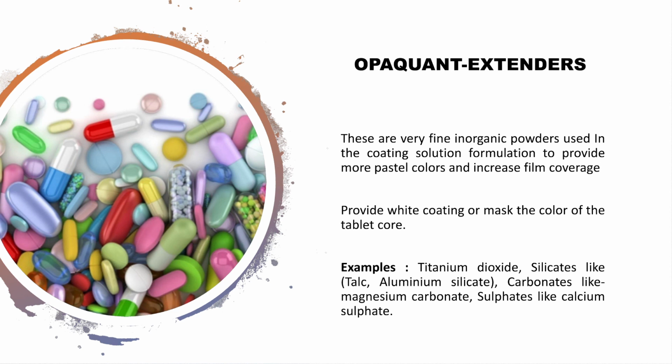They provide a white coating or mask the color of the tablet core. The classic examples of opacant extenders range from titanium dioxide, silicates, and carbonates to sulfates like calcium sulfate. Again, I request all of you to please memorize at least 4 to 5 examples in each category.